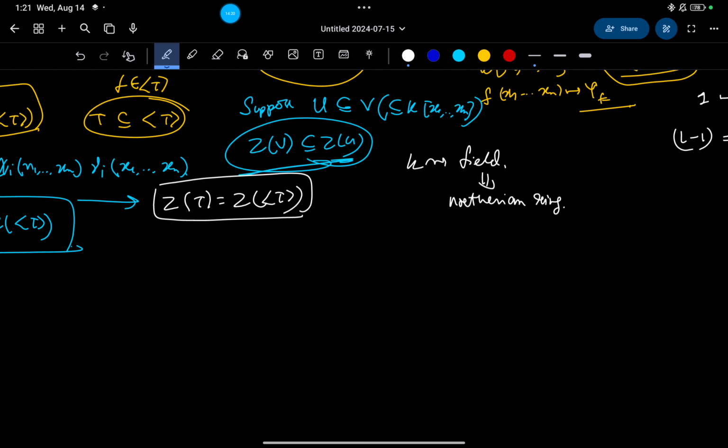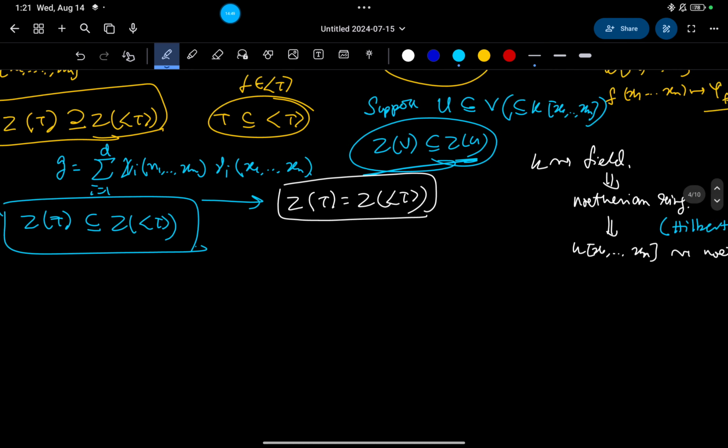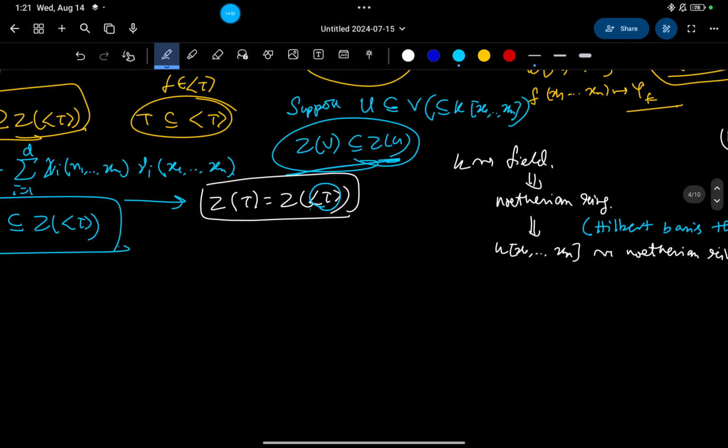So as it's a Noetherian ring, then of course I can say that k[x1, ..., xn] is also a Noetherian ring. If you remember, there is a very beautiful theorem playing in between, which is the Hilbert basis theorem. So that's why I can say that the ideal generated by T is finitely generated.